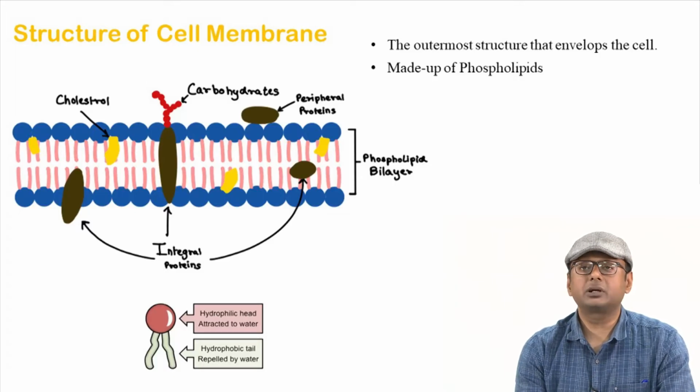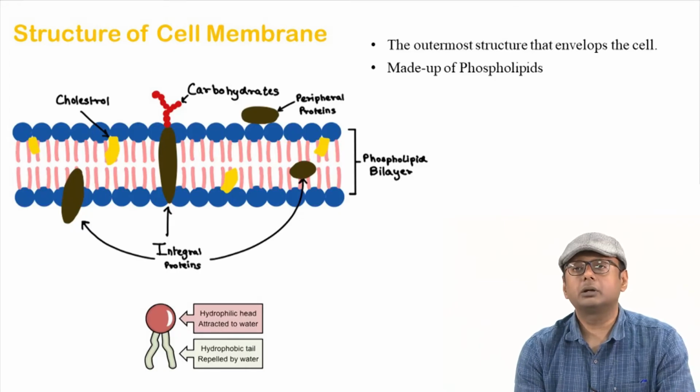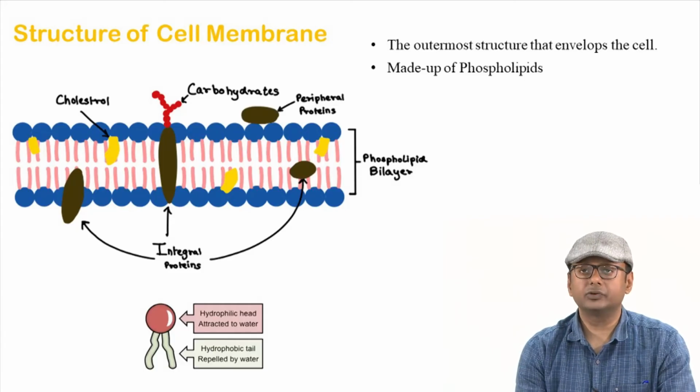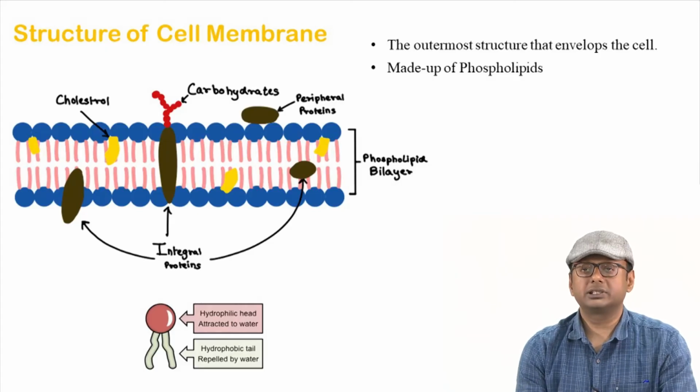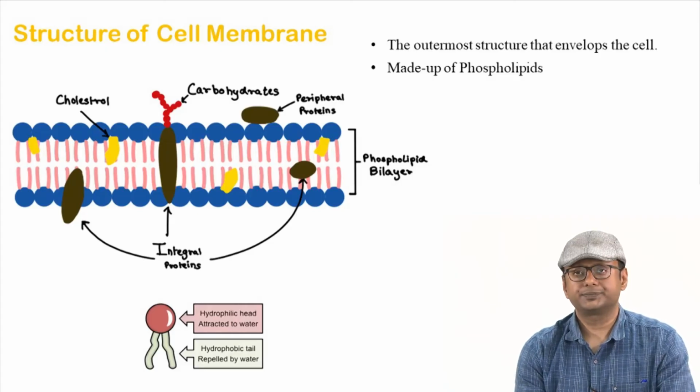This receptor also allows attachment of particular molecules to those receptors and internalization or externalization of those molecules. So not all molecules enter or diffuse out passively. There are certain active receptors that also play a very important part in the molecular internalization process.